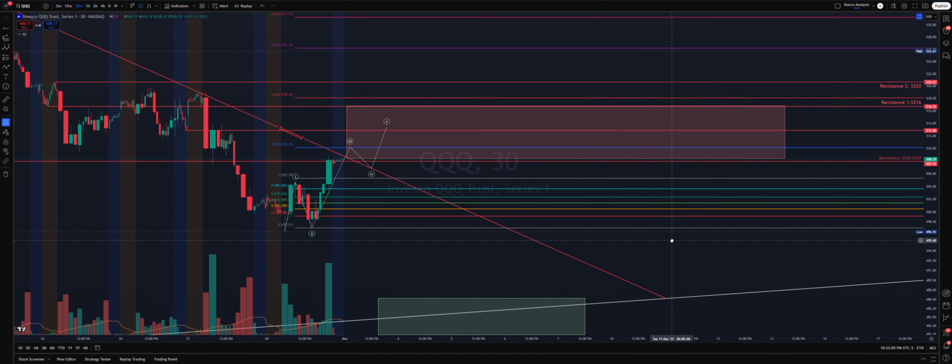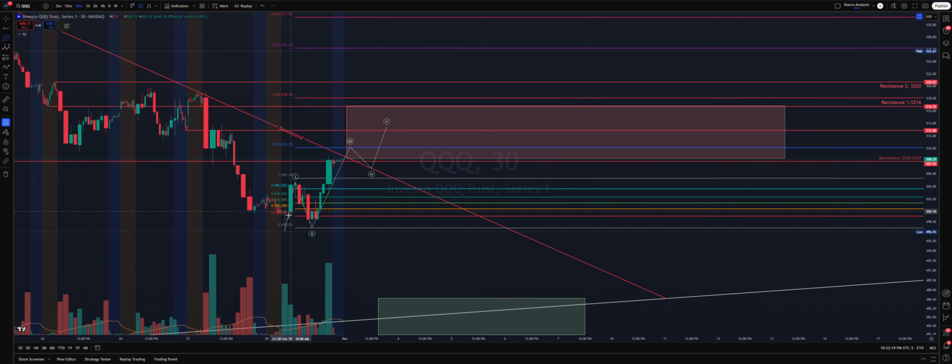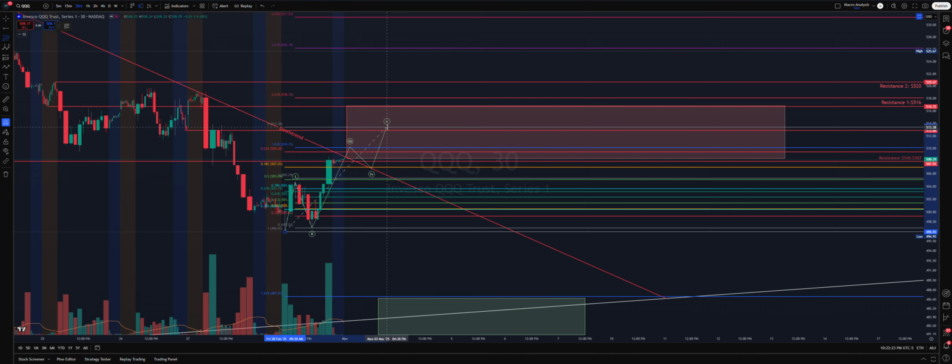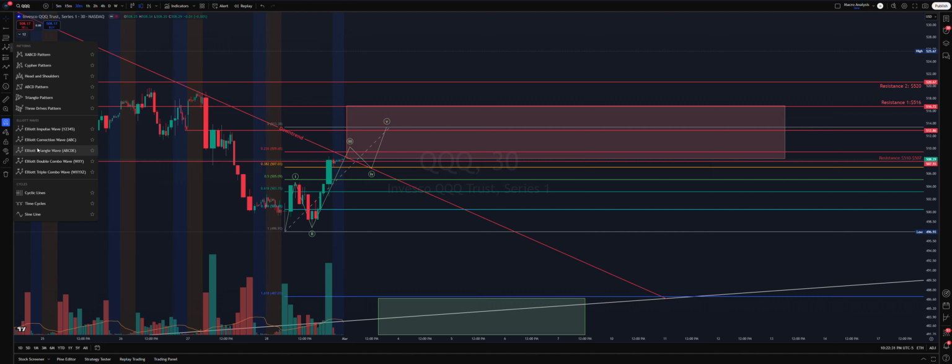This is a bullish scenario going into the market. You have this right around that 512, 513, 514-ish area that we talked about. Then you're going to have that pullback, and that pullback is going to come back down somewhere around here. Let's do an ABC.